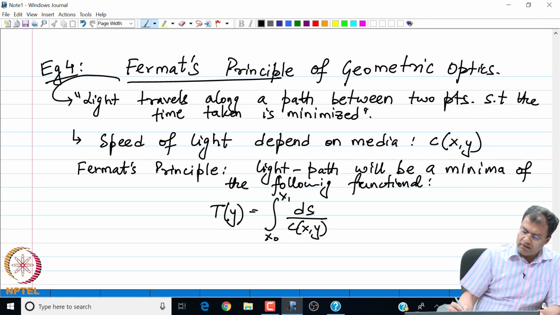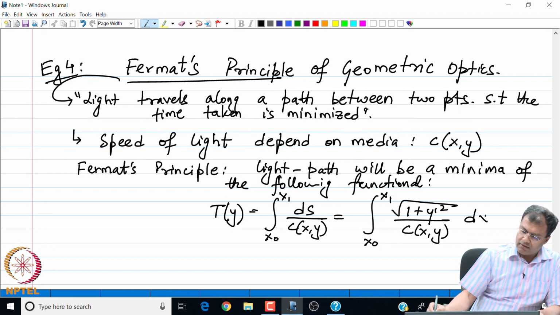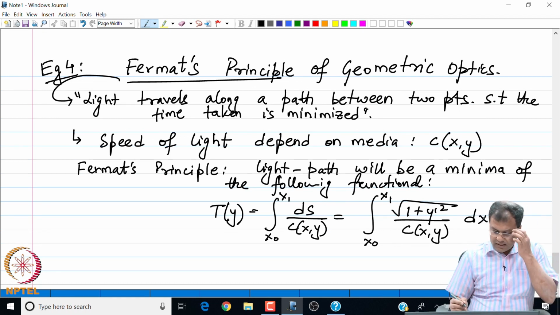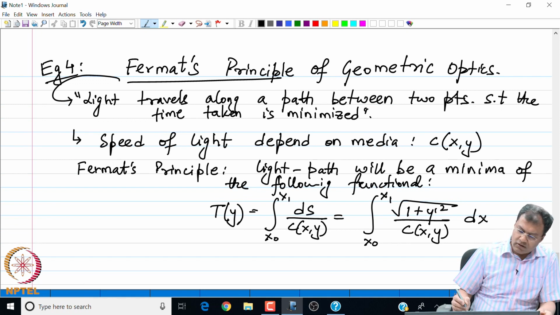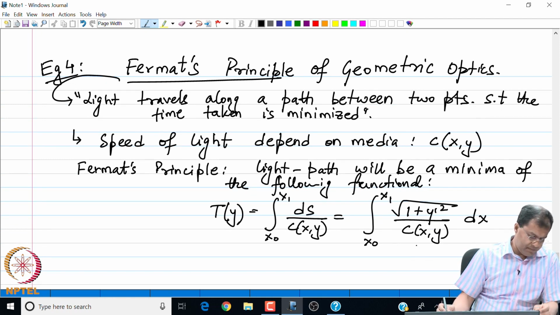Rewriting this arc length in the form of the xy Cartesian coordinates, this is also equal to the integral of square root of 1 plus y prime square divided by c of x comma y, dx.